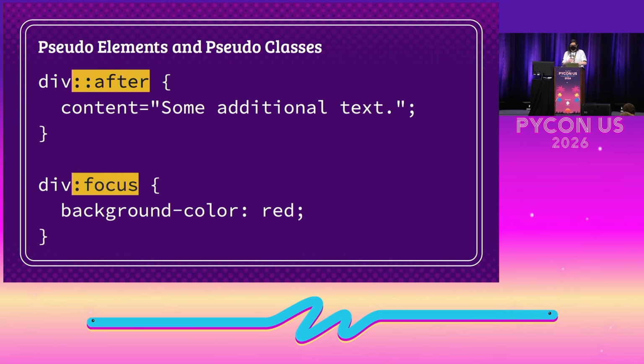They're called text fragments. Or you can do things like before and after, which are actually creating elements in the page from the CSS. After actually makes the last child of whatever element it's on an inline element, and then it puts whatever's in this content tag into that element. Pseudo classes most often let you interact with the elements based on their state. This one, like focus, is when an element has focus, it might do something different.